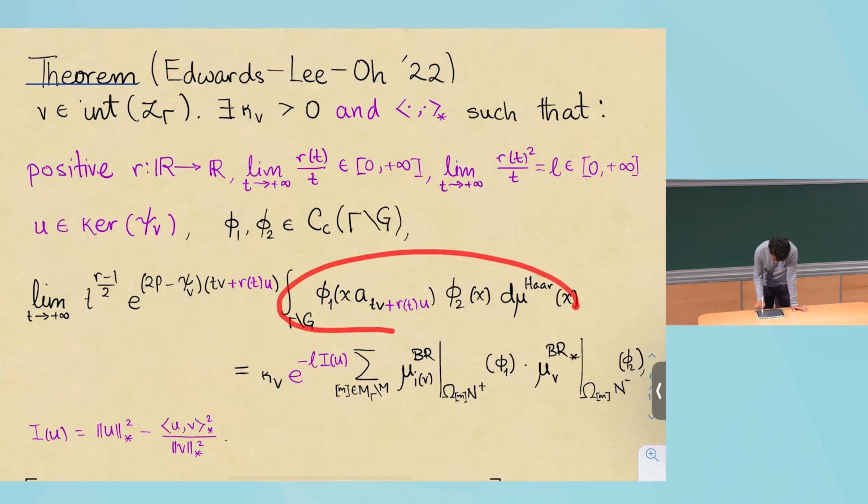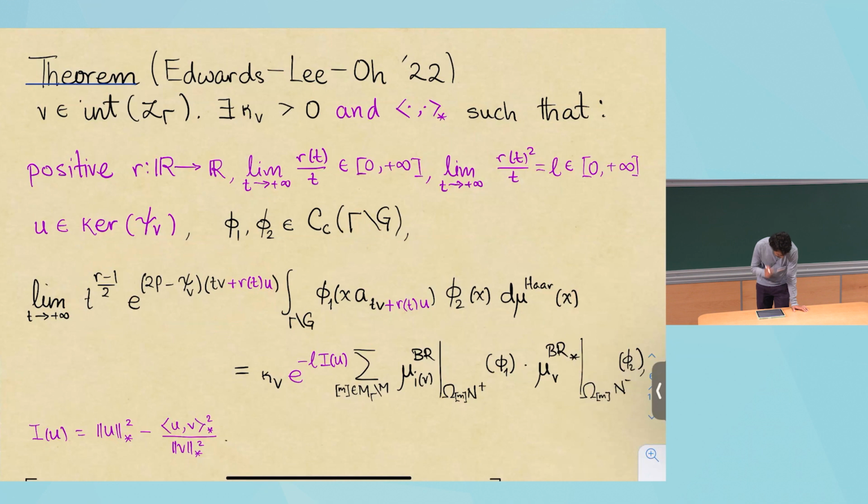Right, so you have this correlation function, and I normalize by this function, which is t to the (rank minus 1) over 2 times e to the (2 rho minus psi v) evaluated at tv. 2 rho is the sum of positive roots, and psi v is this psi that we picked, tangent to the growth indicator function along the direction v.